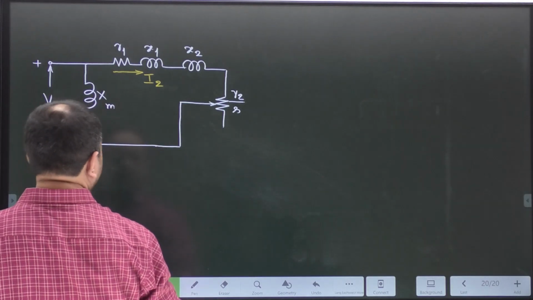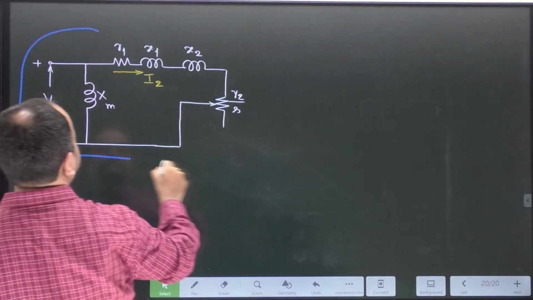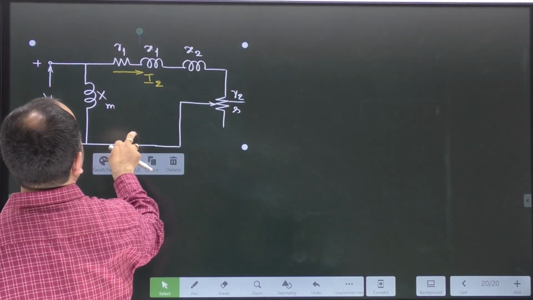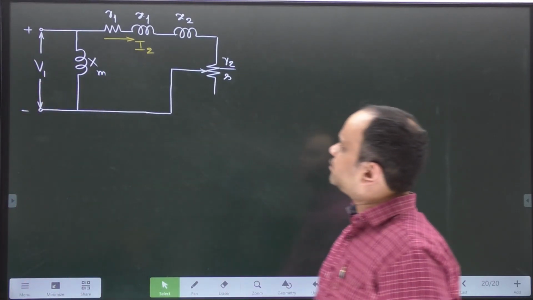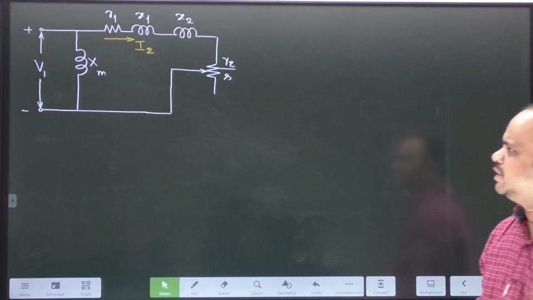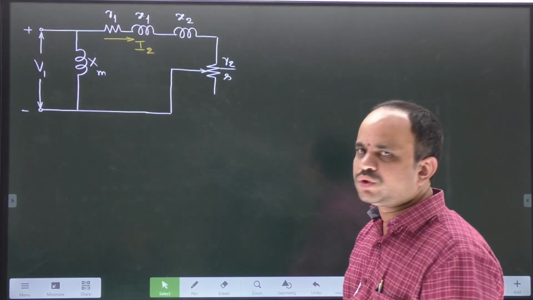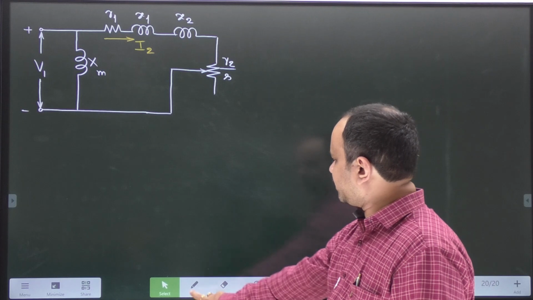Okay, so this is more simplified version of per phase equivalent circuit of three-phase induction motor.